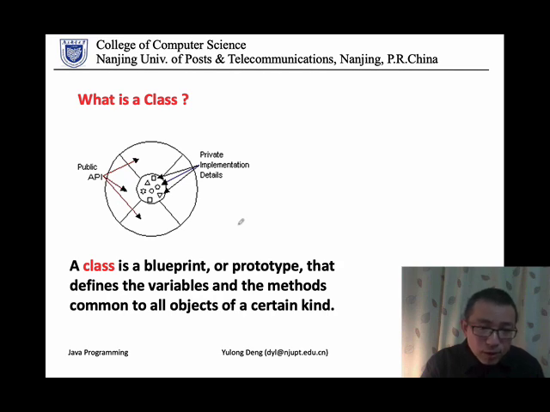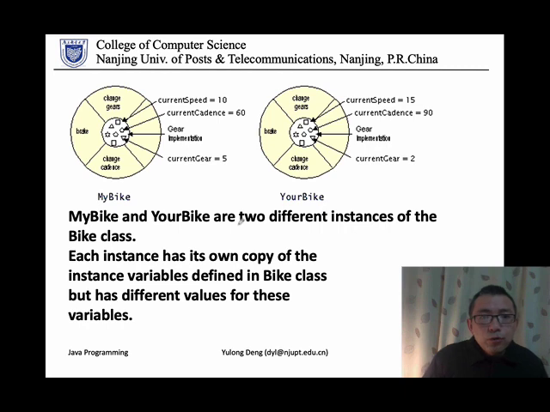The values inside the variables may be different. That's the point. So now I have two bicycle objects based on the bicycle class. One is my bike, another is your bike. We notice the values are totally different.